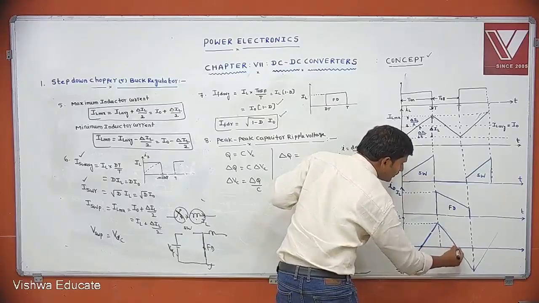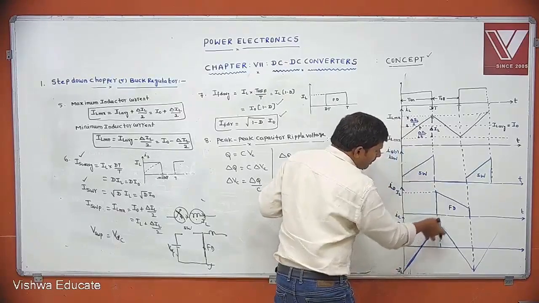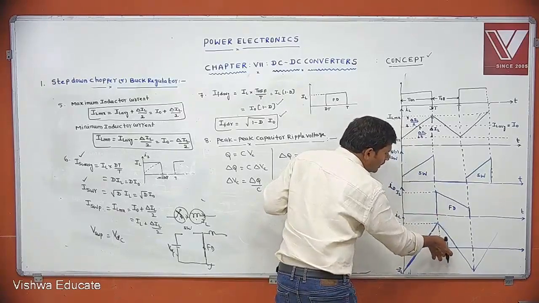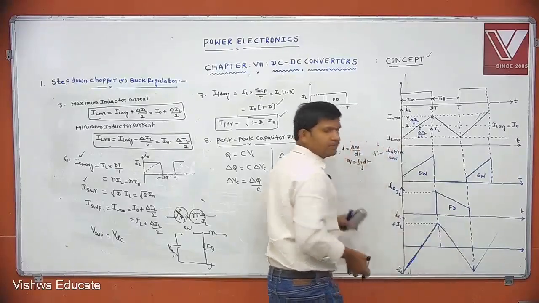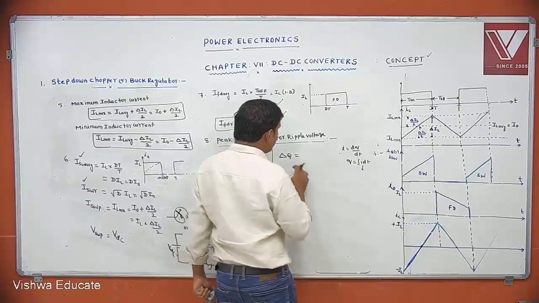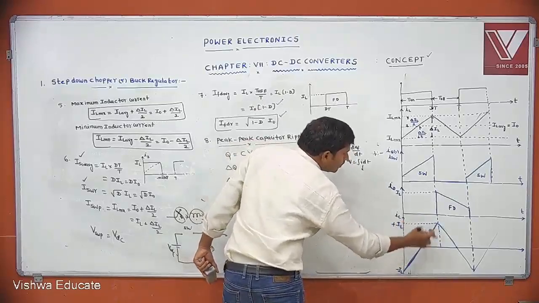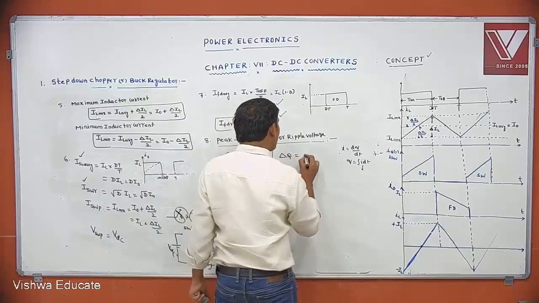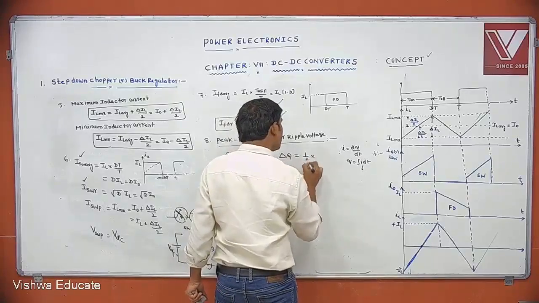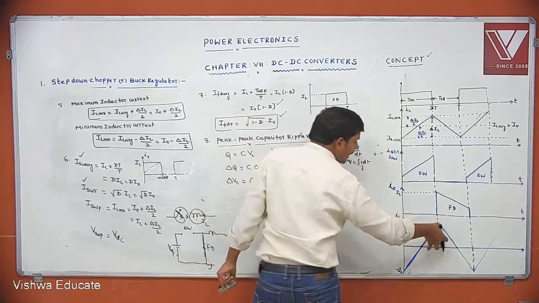For this I am calculating in T by 2, or you can calculate from this point to this point, which is also T by 2. Then what is the area under this current curve? Because it is a capacitor current waveform, area under the current curve is half into height.